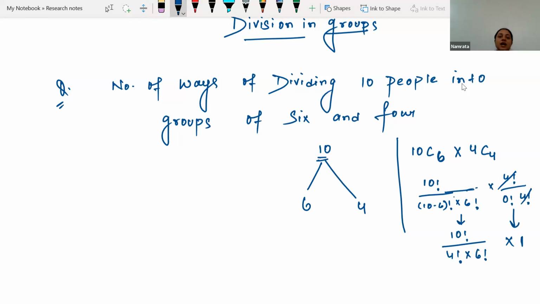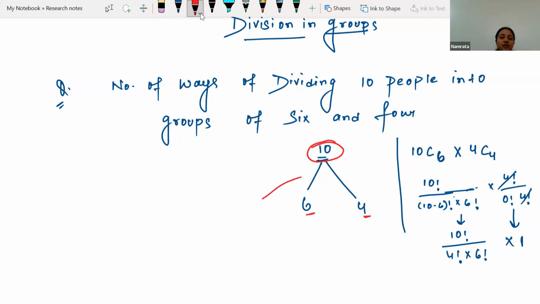So basically, yes, we will be able to do it with the help of the concept. But here we can do it directly when we are dividing a number of people into groups of unequal size. So you can say 10 people in groups of 6 and 4.